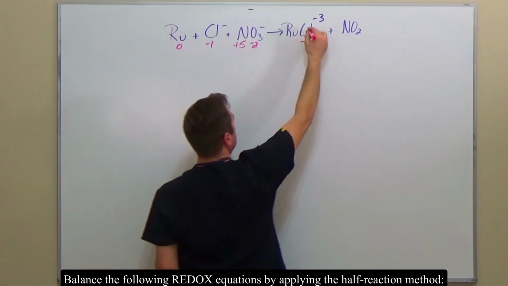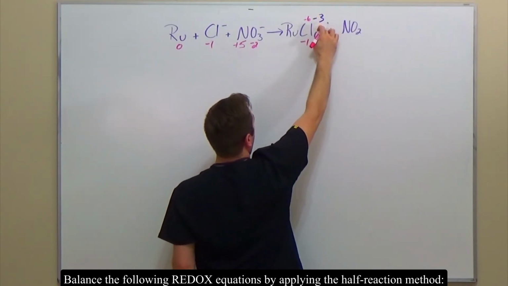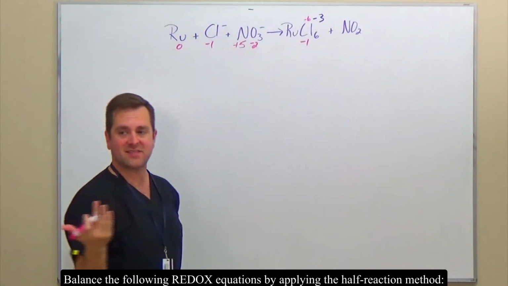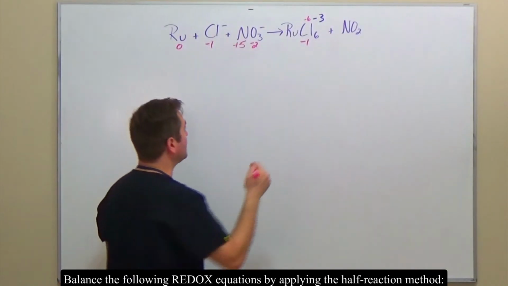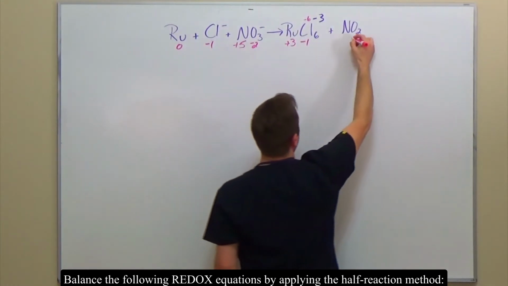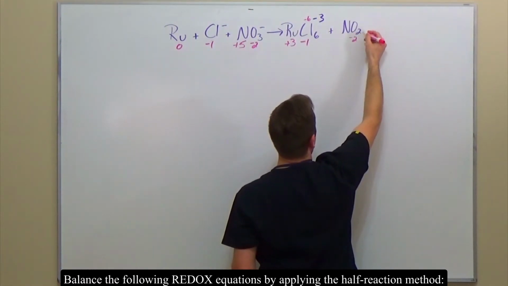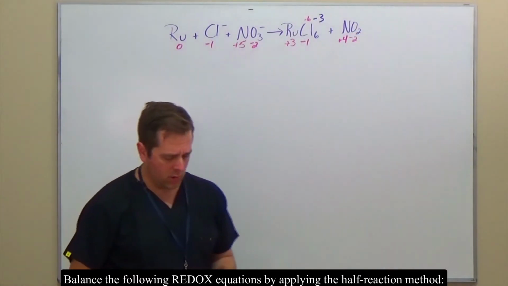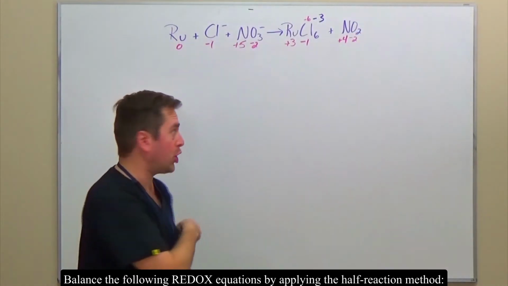There are 6 of them, so overall -6. However, we need to keep in mind that we need a net of -3. So what does that say about this ruthenium? It means that it's +3, okay? And then over here, -2, there are 4 of them, so this nitrogen now has a +4. Okay, let's identify what occurred.